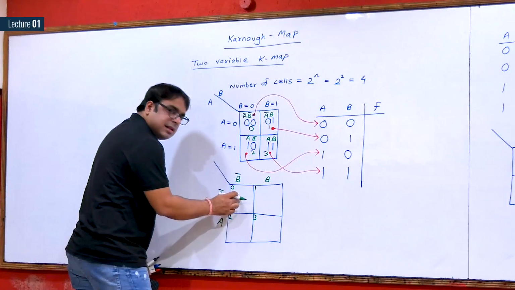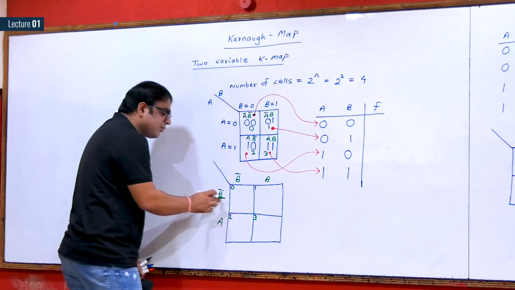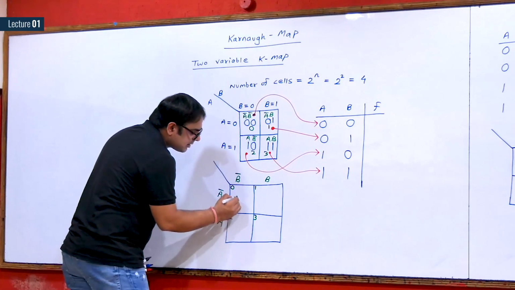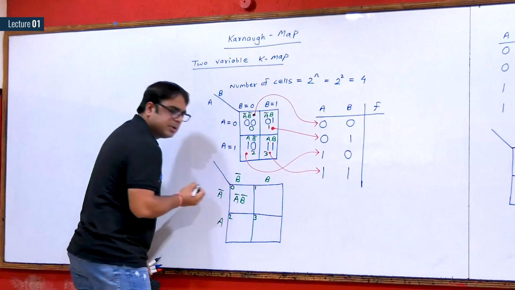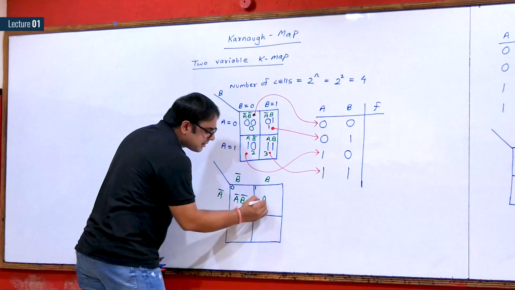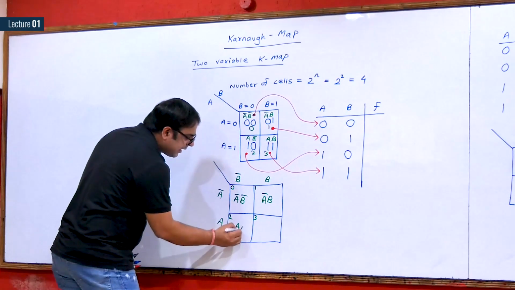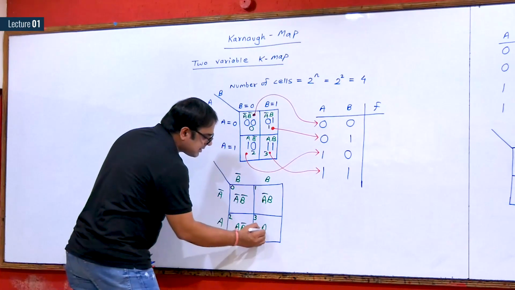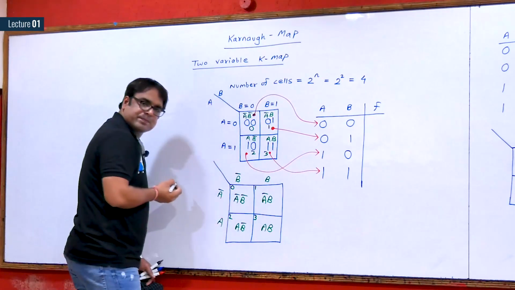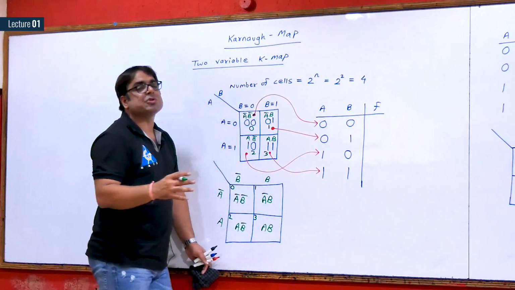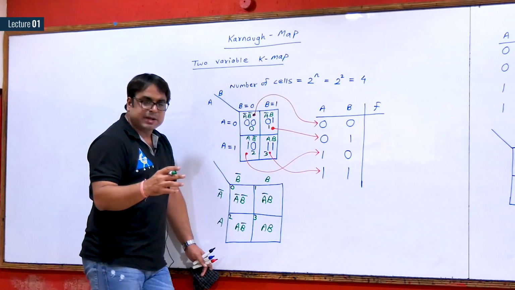Now, this cell is common for A complement as well as for B complement. So, this is A complement, B complement. This is A complement with B. This is A, B complement and this is A, B. I have not yet started to solve a question through K-map.